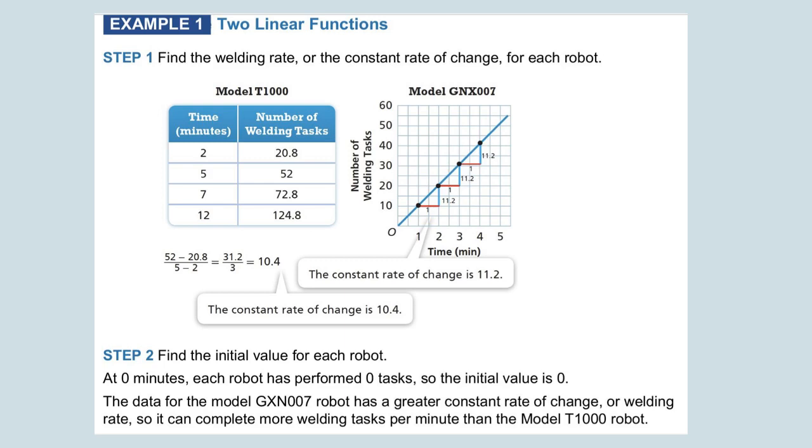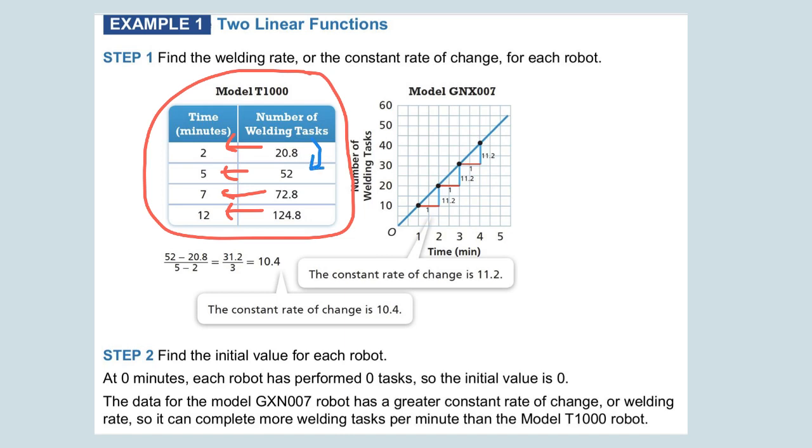Okay, so we went ahead and took the orange robot's data and we made it a little bit bigger. It's right here. Nice table. Now before, when we were figuring out slope, we were always going this way. Divide, divide, divide, divide. Today I want to introduce the fact that you can also go this way and find your change in y over your change in x.